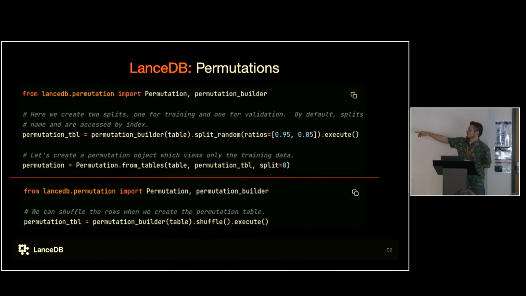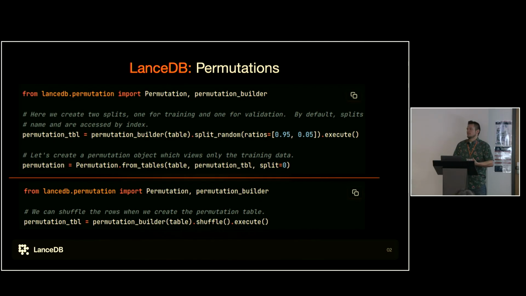And then for splitting, there are lots of different ways that you can calculate splits. If you just provide ratios, it's going to randomly assign rows to try and get 5% in this one and 95% in the other one. Sometimes people want those splits to be more persistent, but also handle new data coming in. So you can define your splits using a hash function on some columns, like a hash function on your image URI.